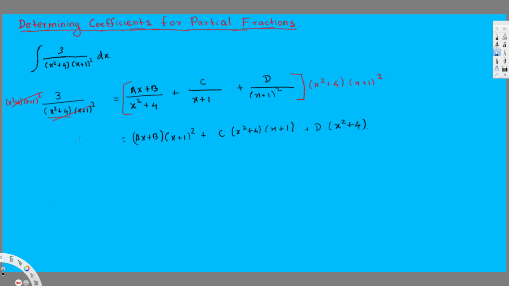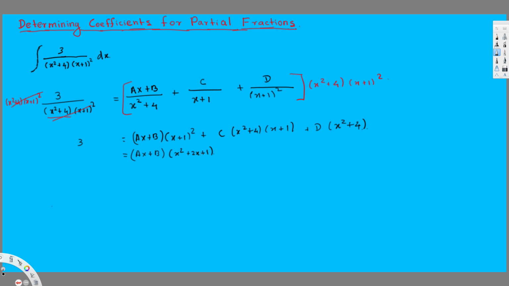So we have this right here, and let's do the equating coefficients. First of all, I have to expand this. So let's expand this first: ax plus b, and if I expand (x plus 1) squared, that comes out to be x squared plus 2x plus 1.